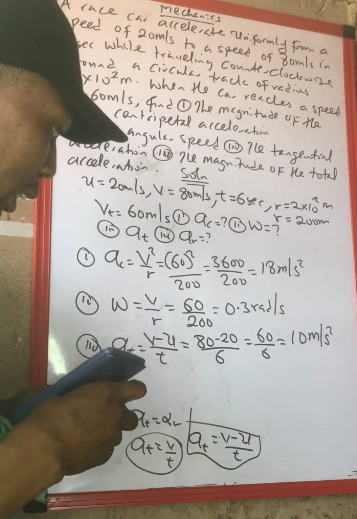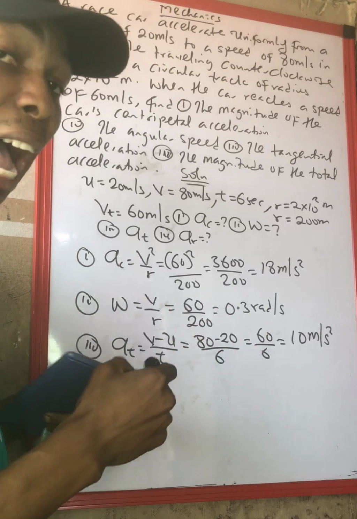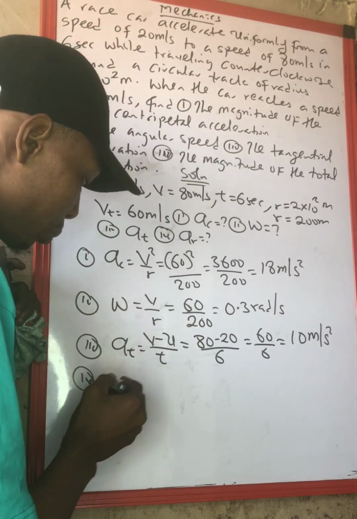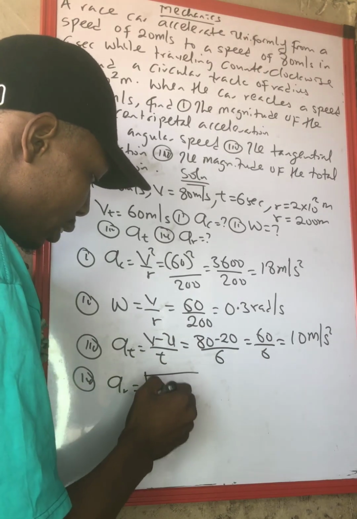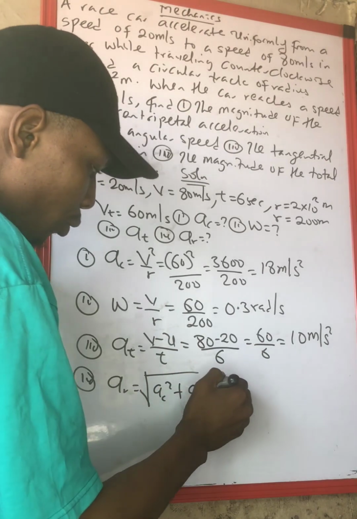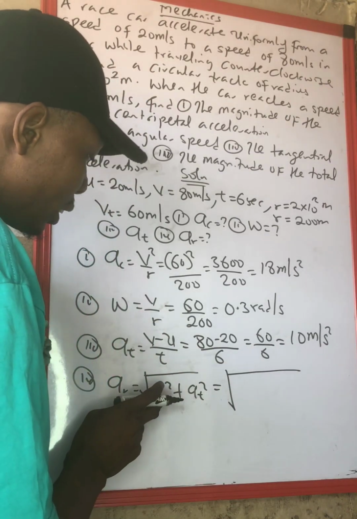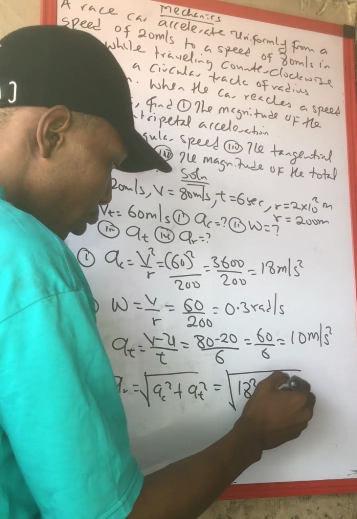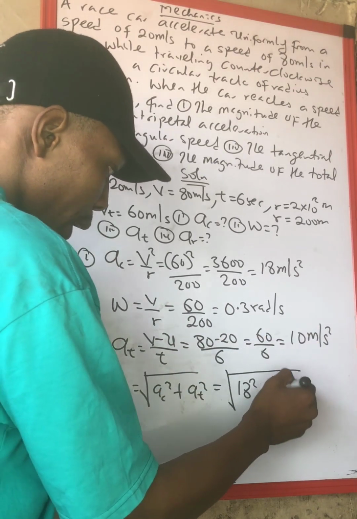All right. Now, the last question there, we are asked to look for the total acceleration, which is number 4. To get the total acceleration, AR is equal to the square root of AC squared plus AT squared. Alright, so from there, AC is 18 squared, plus AT is 10 squared.